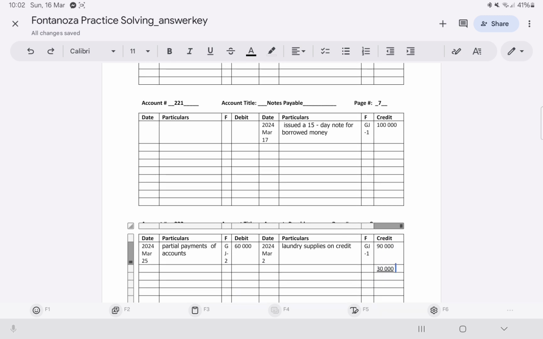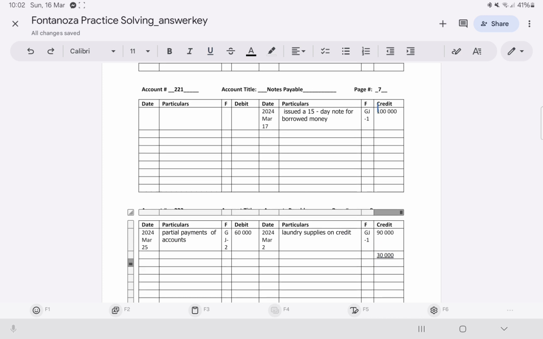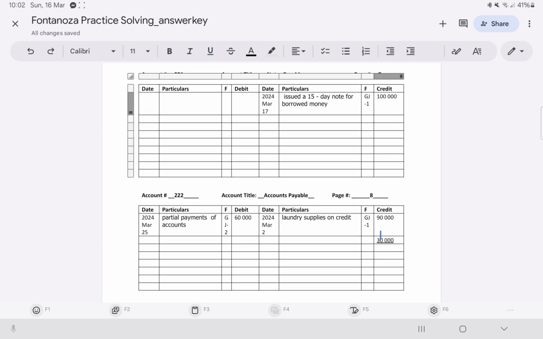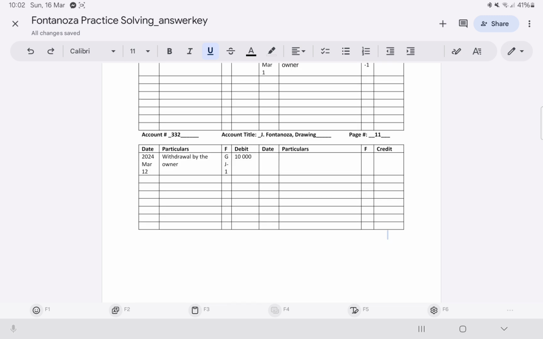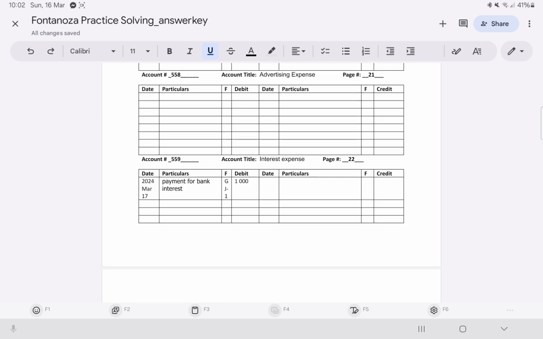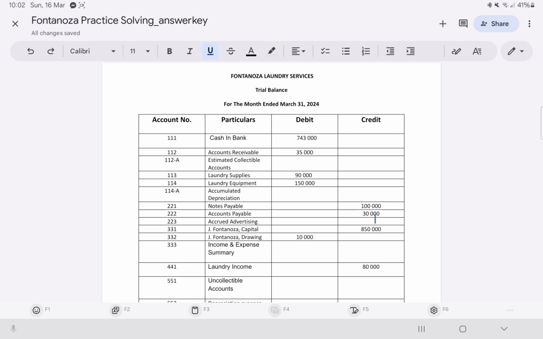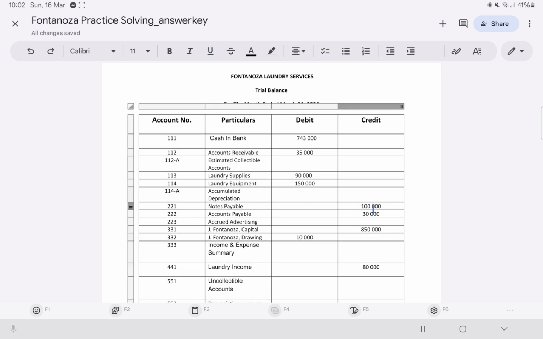Okay, so no, you should follow the 30,000, which is the total between the debit and credit. Okay, so 100,000 is the notes payable and accounts payable is the 30,000. Okay, so notes payable 100,000, accounts payable 30,000.